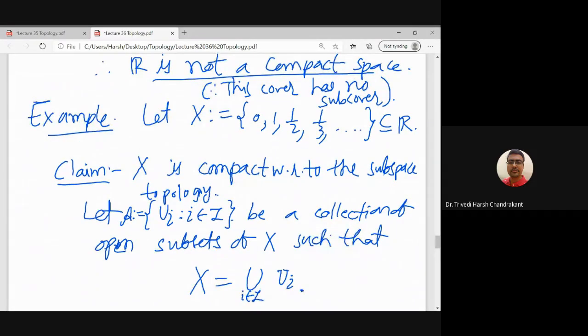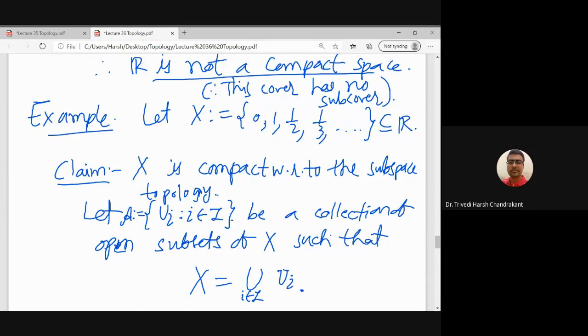So for that, what property do we need to check? We have to check an arbitrary open cover of this space, and then we have to find a finite subcover of that arbitrary cover. So let us choose A to be {U_i, i belongs to I}, a collection of open subsets of X, so that X is the union of U_i.